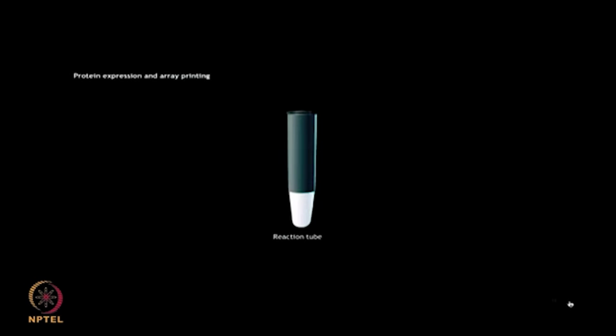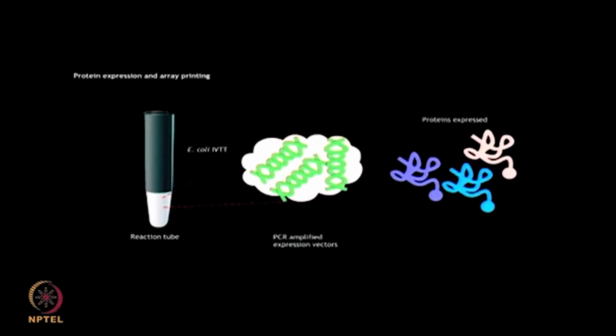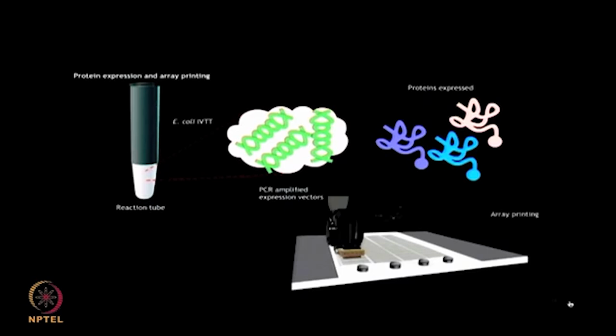In this study, the authors carried out cell-free expression of PCR amplified vectors using an Escherichia coli in vitro transcription and translation system. They expressed 250 putative proteins that were printed directly onto the microscopic array slides without any need for protein purification.